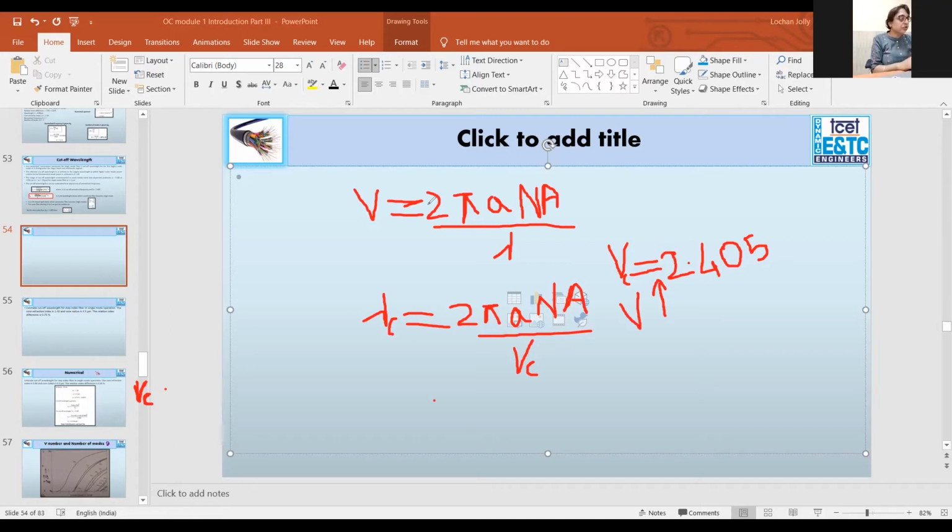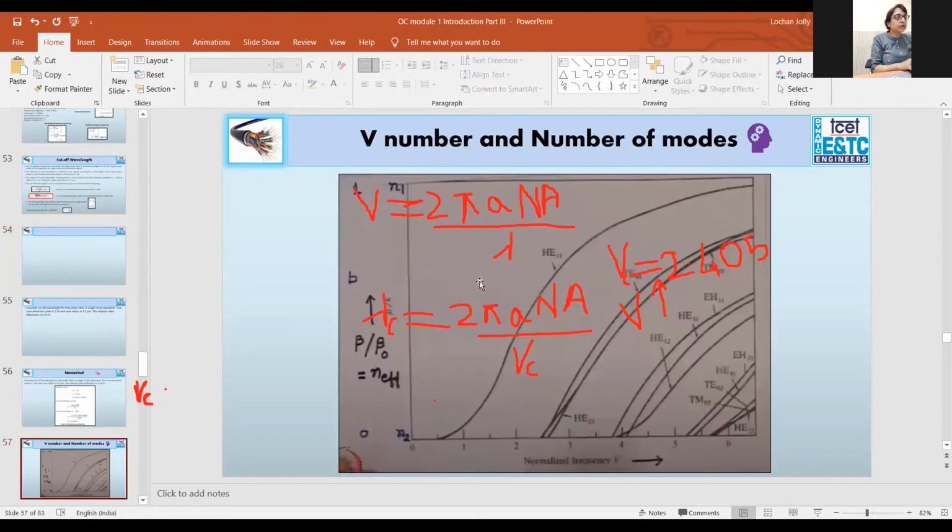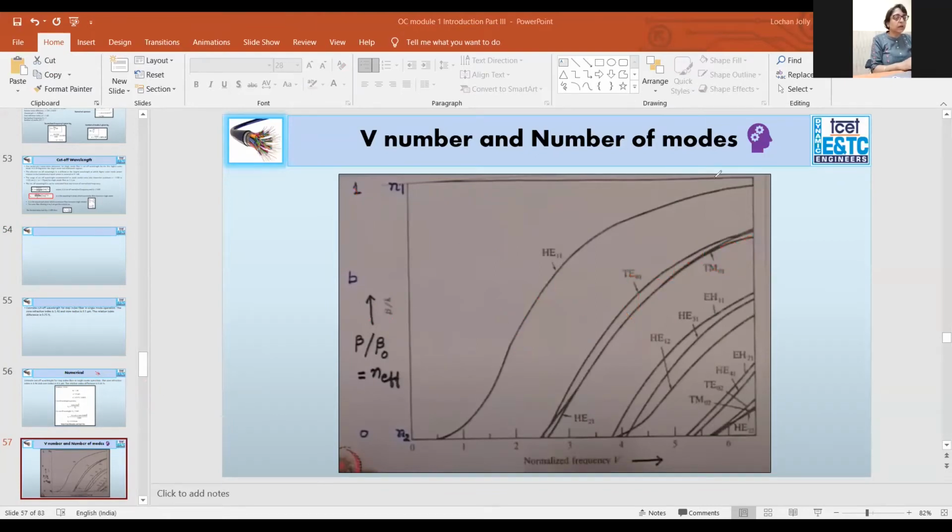If I just show you here, this will make it more clear to you. This is a diagram which shows the relation between the number of guided modes that can travel through a fiber and the varying normalized frequency.